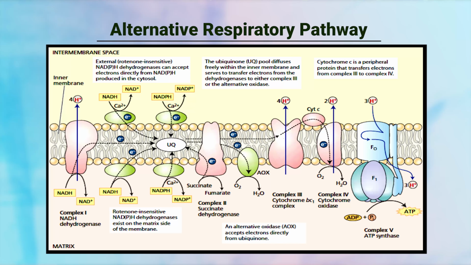Electron flow from ubiquinone through the alternative pathway is non-phosphorylating, cyanide resistant and can yield only about 1/3 of the ATP compared to that generated by the cytochrome pathway. The alternative pathway is inhibited by salicyl hydroxamic acid or SHAM and N-propyl gallate.